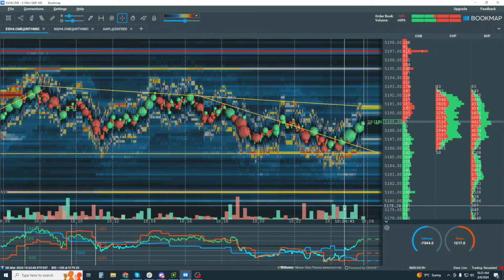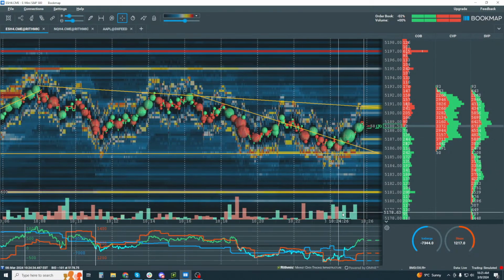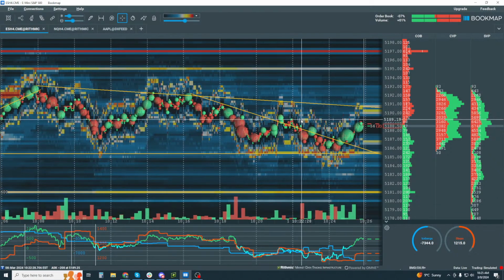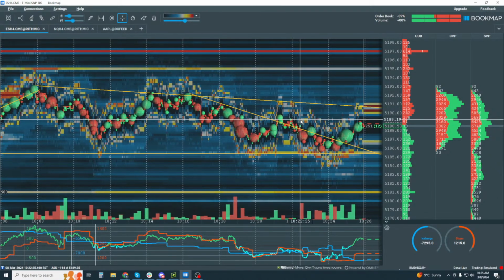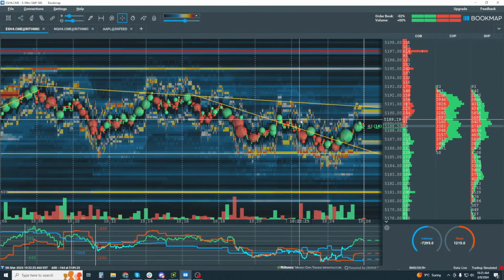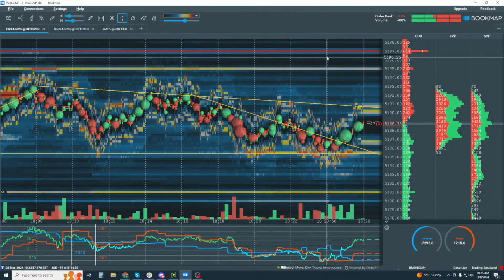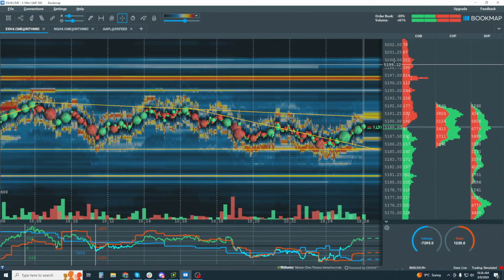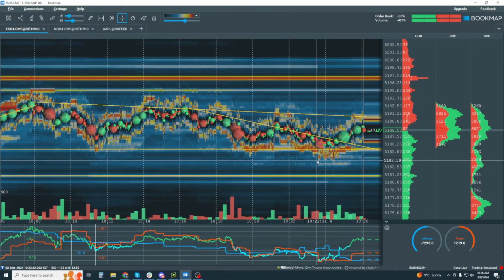Okay, and look at the volume context and the kind of shift in here as well. It's not bad. So maybe you can even get not only the move to 89 here, maybe this can kick off a bigger move up into 97, and maybe we can get to 5200 up here.